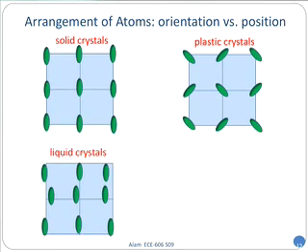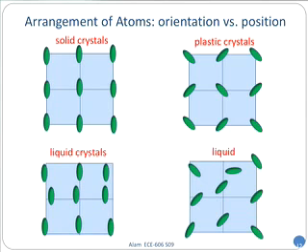Then there are liquid crystals, as I mentioned, in displays, where you have orientational order but no positional order. Do you see this? These are in random places. And for liquid, you have neither positional order nor orientational order, and this one doesn't carry too much current. So the available number of electrons is very few. On the other hand, for solid crystals, it is significantly more. So order is very important, both orientational and positional order.